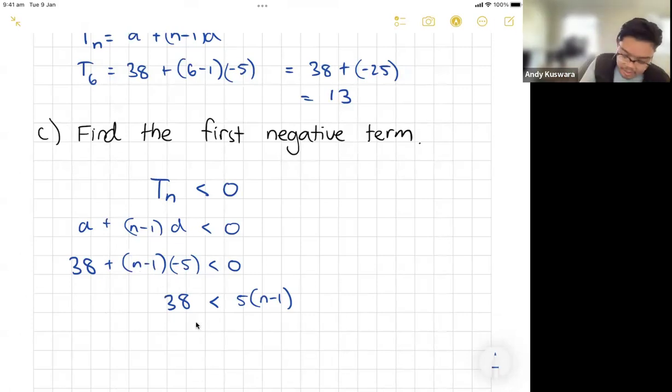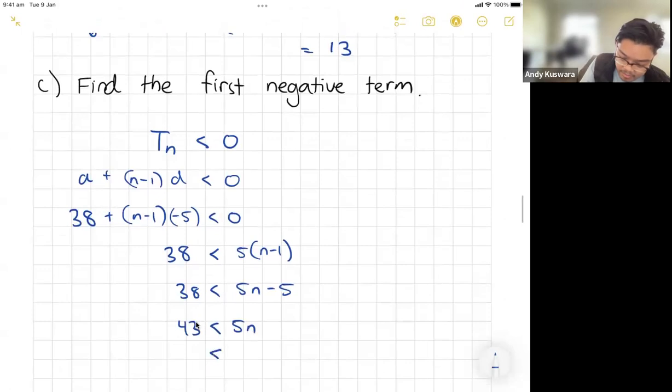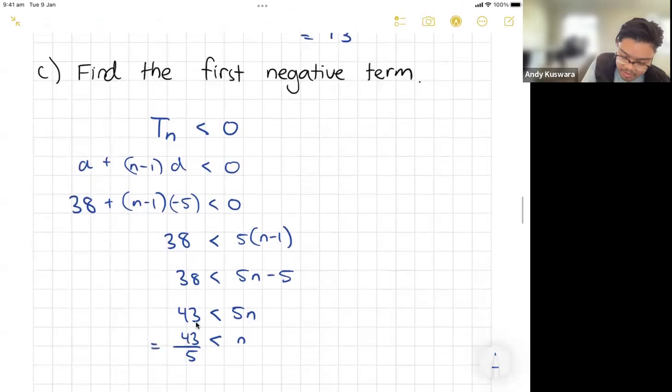So now I'm solving this: 38 should be less than 5n minus 5. I could have just divided by 5, couldn't I? That's okay, I'll do it this way. Plus 5 to both sides, that becomes 43 is less than 5n. Then divide both sides by 5, and I note here that n is approximately 8.6.